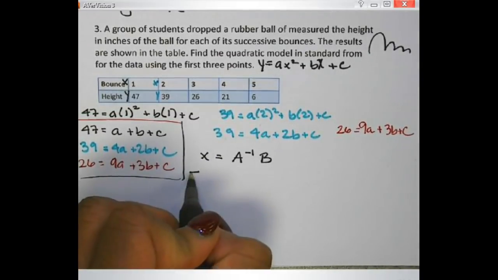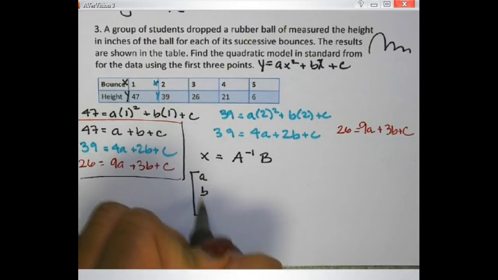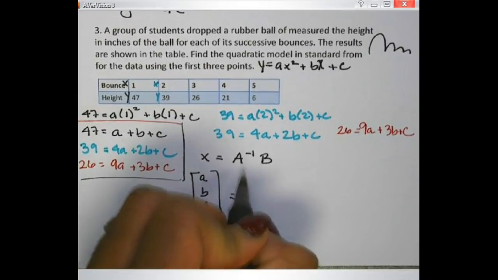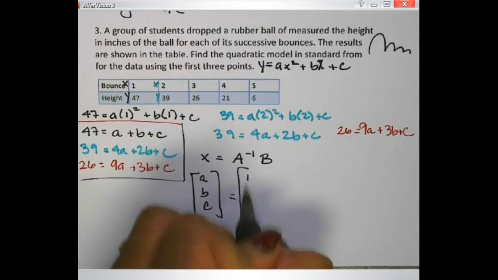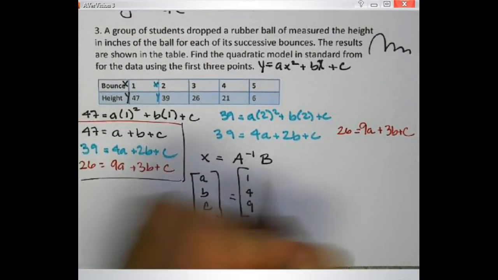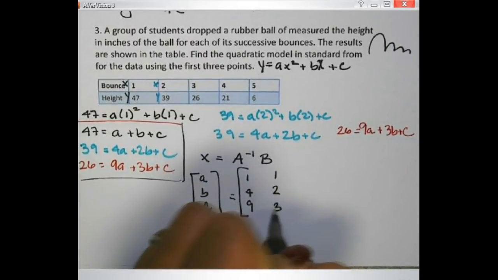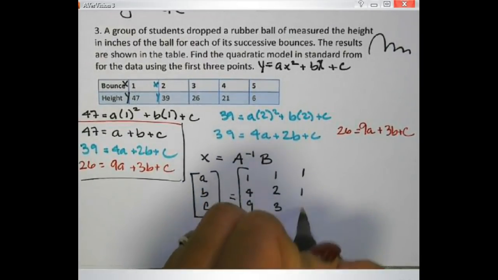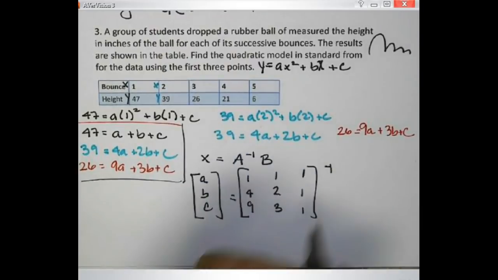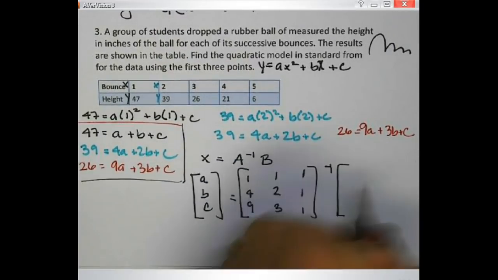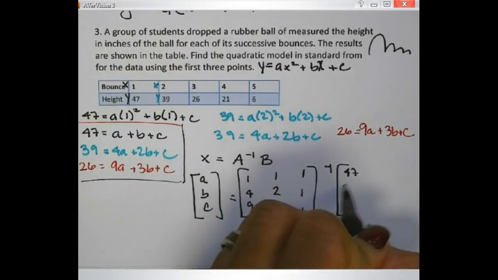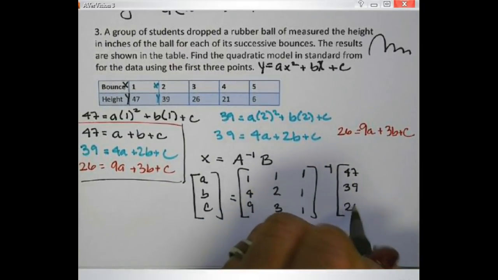So X is going to be A, B, and C, because that's what I don't know. And then A, let's look at my coefficients. It goes 1, 4, 9, and then it goes 1, 2, 3, and then all the C's are 1, 1, and 1. I need the inverse of that times the solution matrix. 47, 39, and 26.